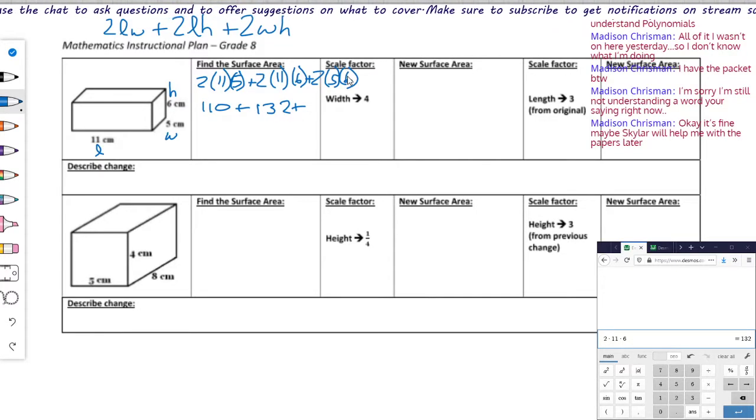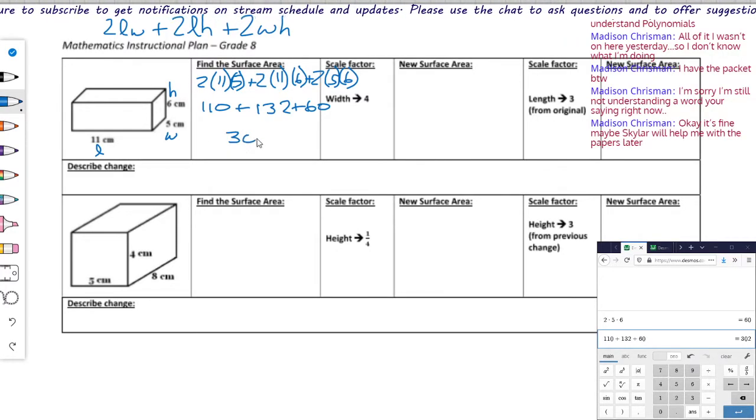And then 2 times 5 times 6 should give us 60. And then we're going to add all these together. So 110 plus 132 plus 60, and we get 302. And with surface area, that's centimeters squared.